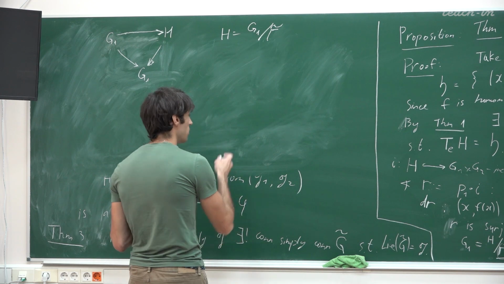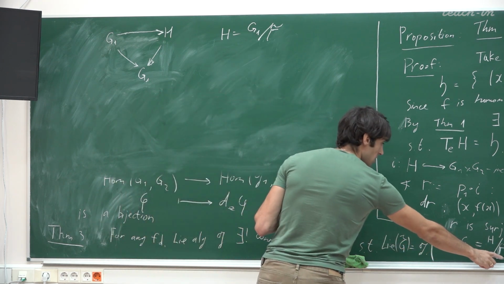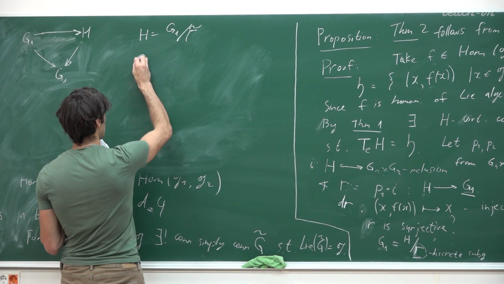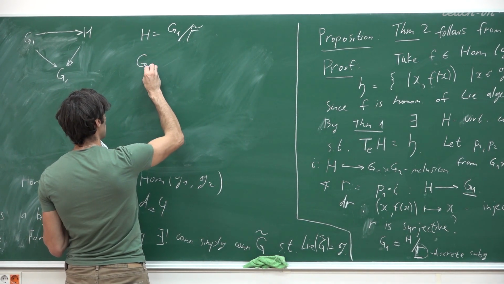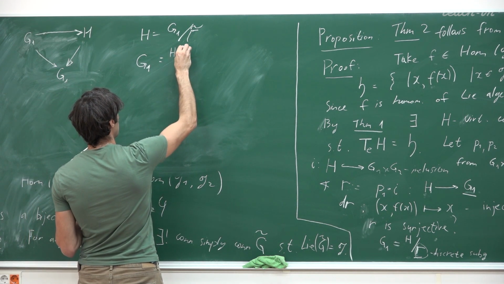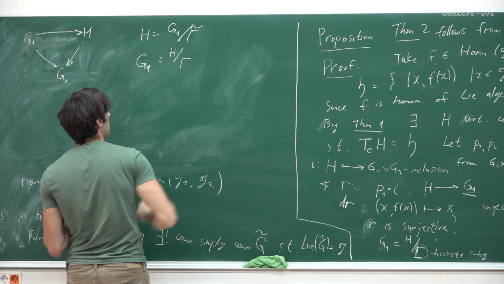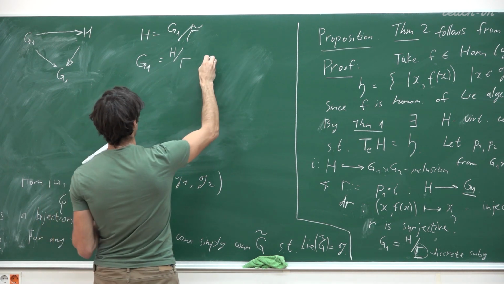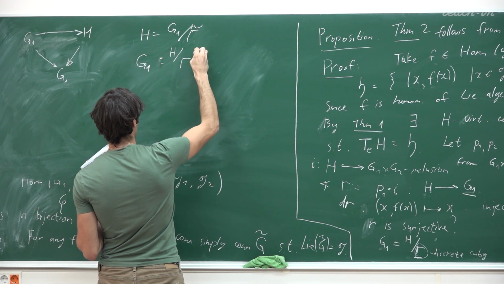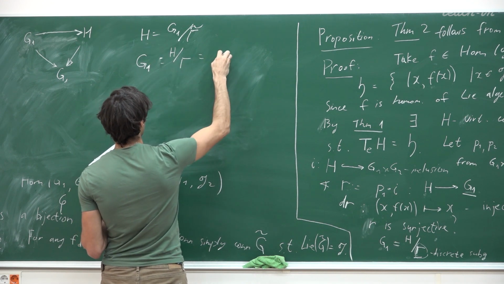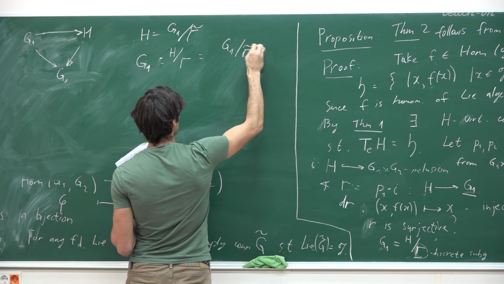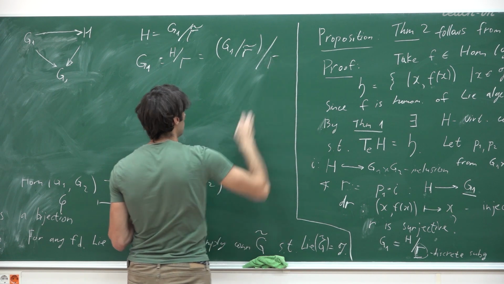In any case, if this gamma is a non-trivial group, I take G1 and take H over gamma, and after that I can take H to be G1 over gamma tilde, over gamma.